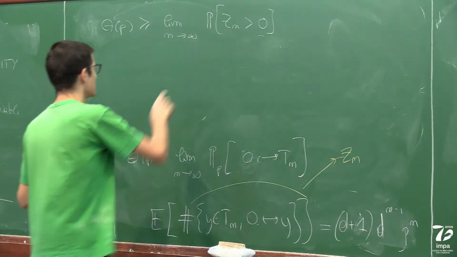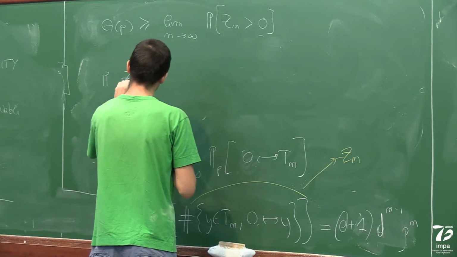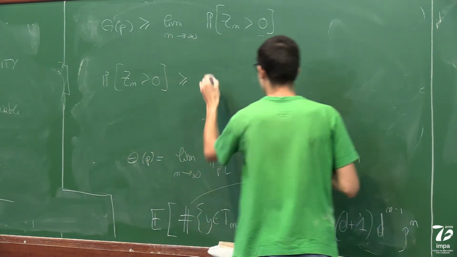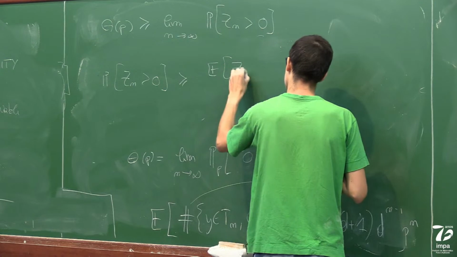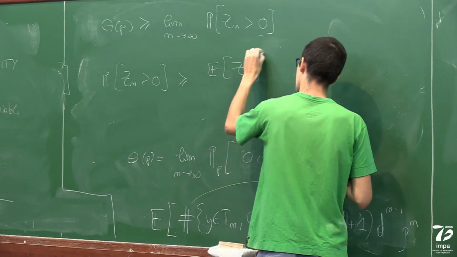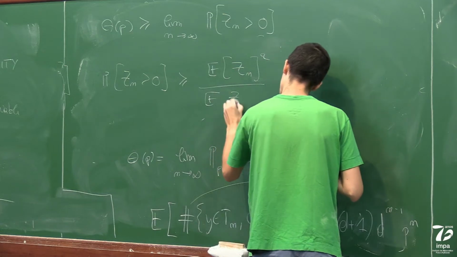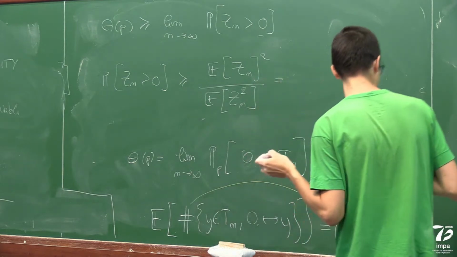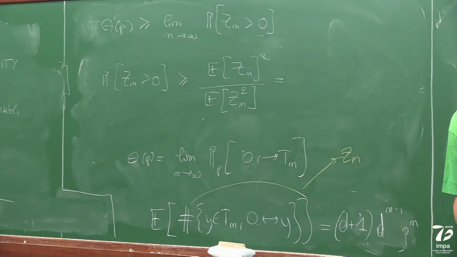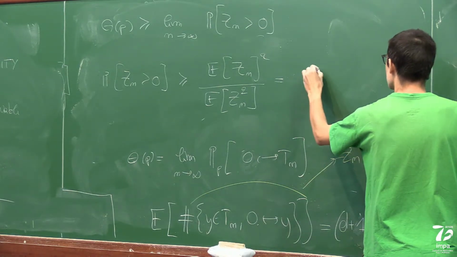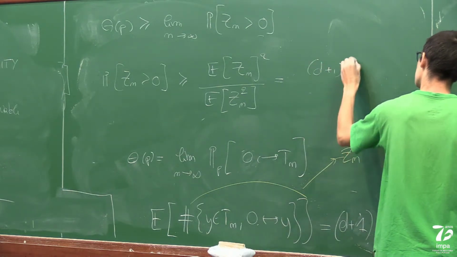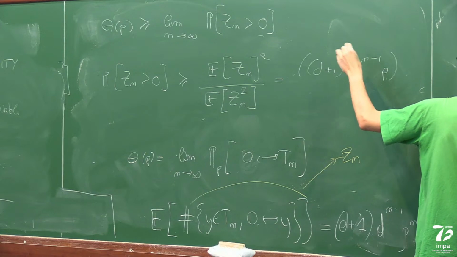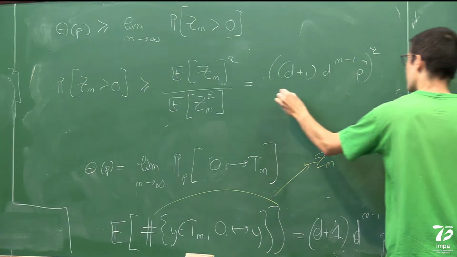Now the probability that Zn is positive is larger than the expectation of Zn squared over the expectation of Zn square, which is (d+1) d^(n-1) p^n squared.